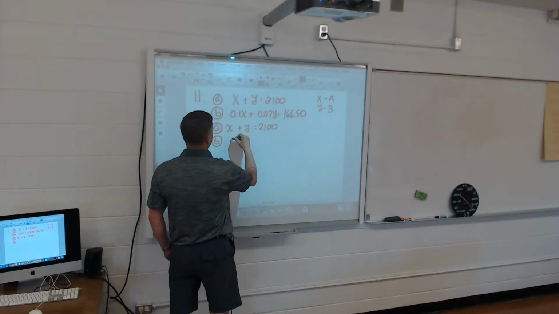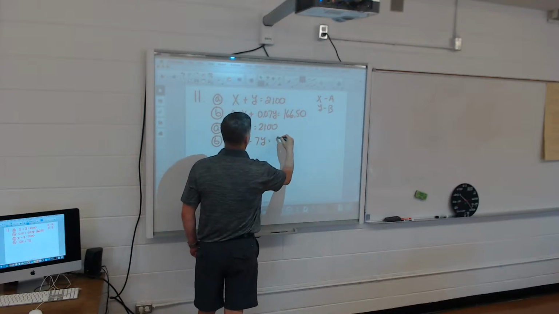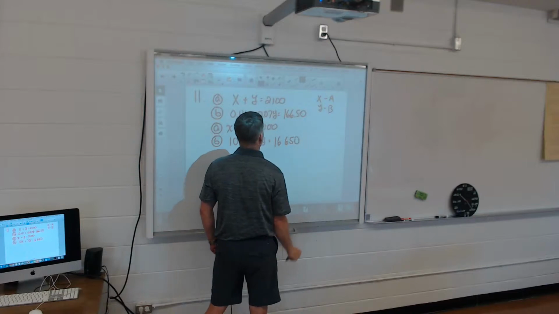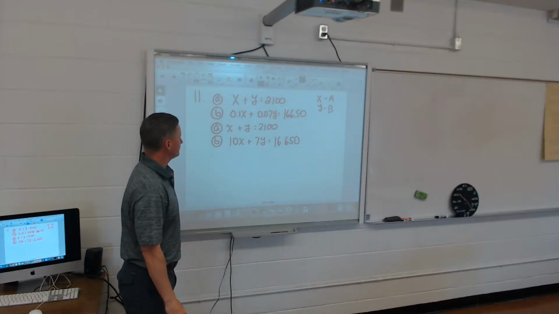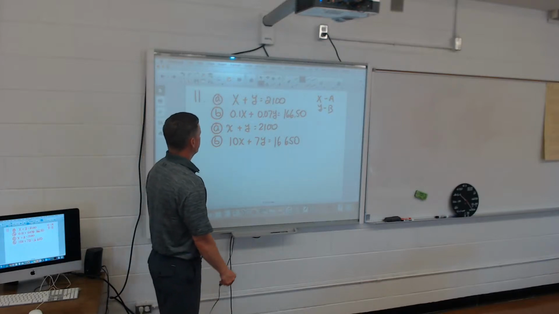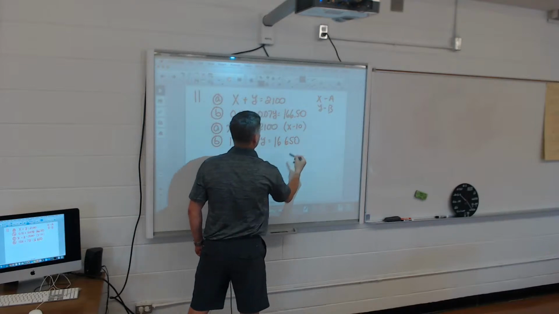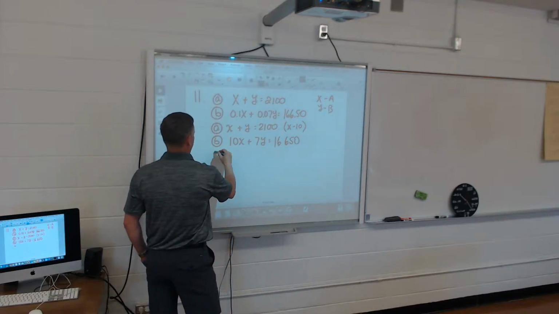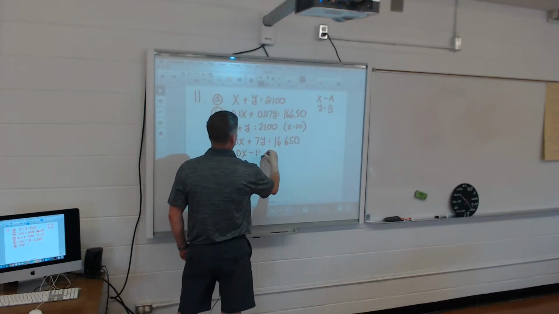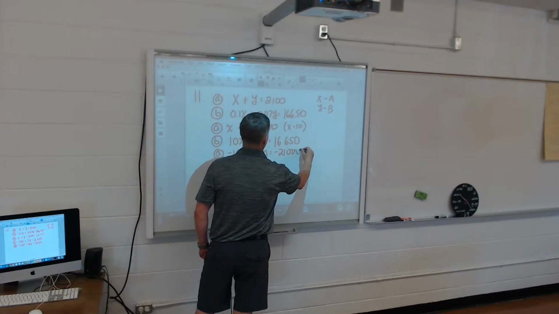I change B to 10X plus 7Y equals 16,650. Like that. And probably times A by -10. So A is equal to minus 10x minus 10y equals minus 21,000.